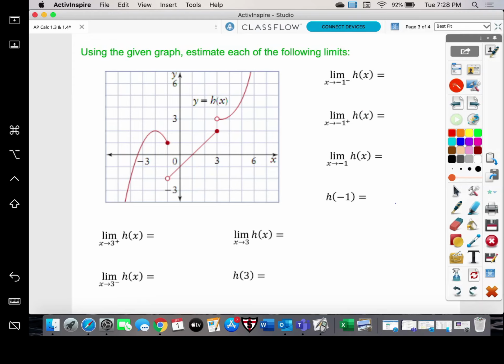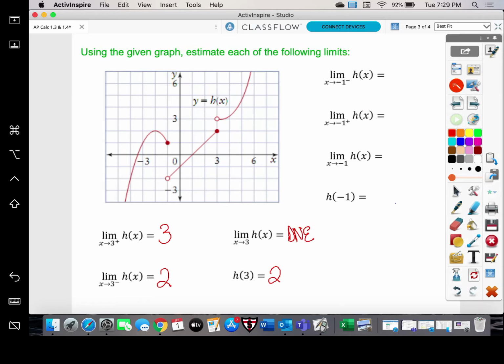As we approach 3 from the right, I think you should get 3. 3 from the left, you should get 2. H of 3 is 2. The limit of H, both sides, because the left and the right are different, does not exist.